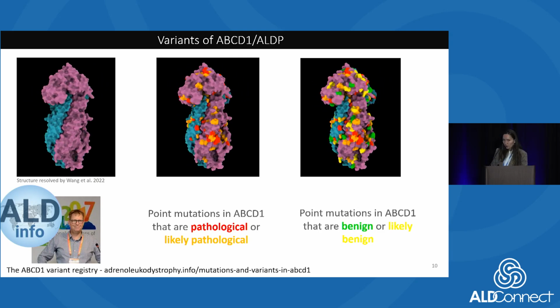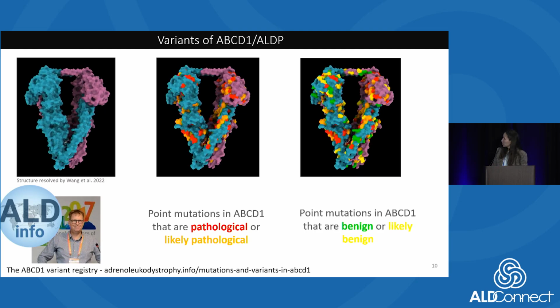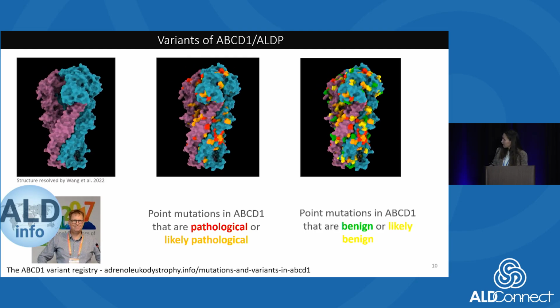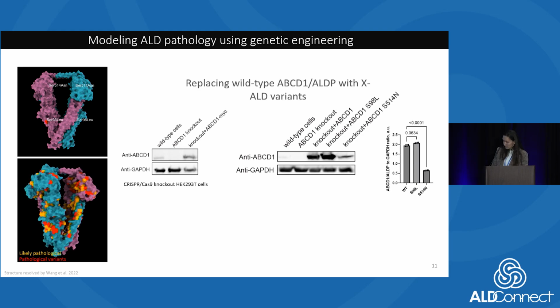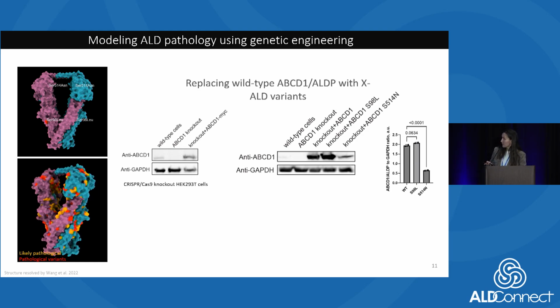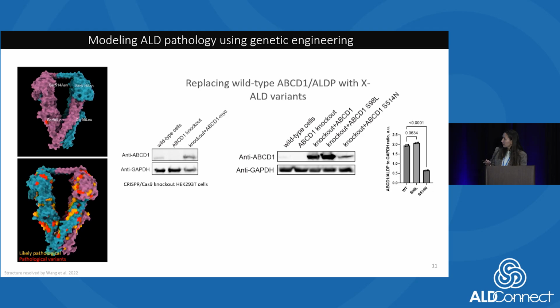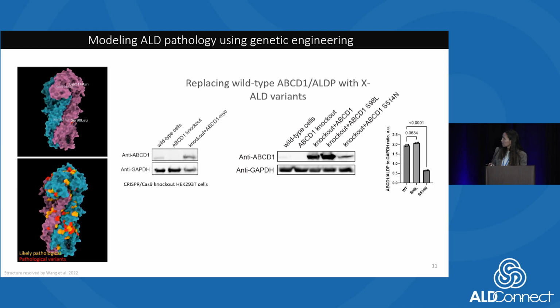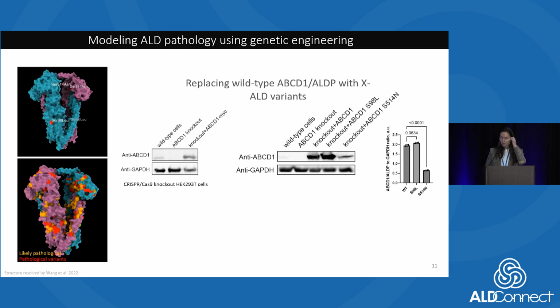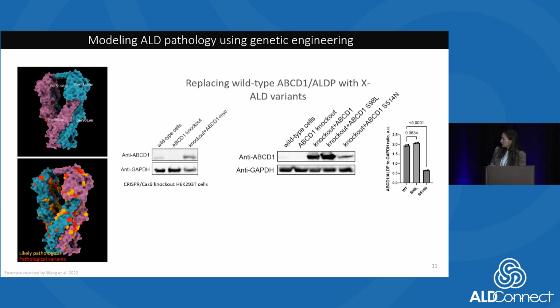So for our proof of concept initial experiments, we decided to take two pathogenic variants, in different domains. One of them in this transmembrane region, and one of them in the energy region of the protein. So we took positions 98 and 514 for that. And what we did is very simple.